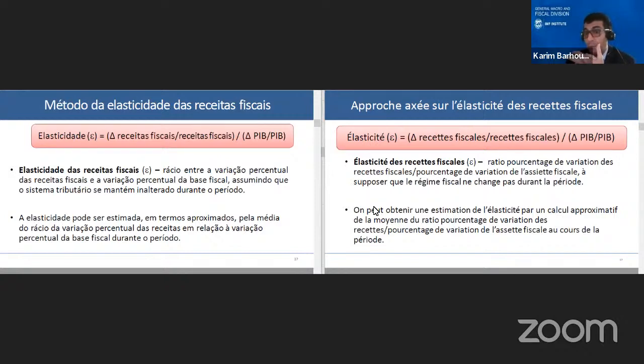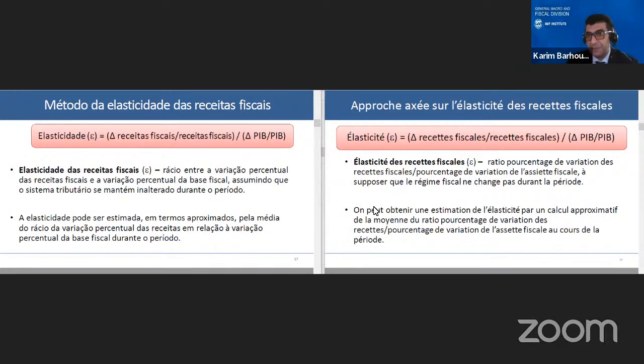For example, if we know that revenue is growing one-to-one with the change of the tax base, the elasticity approach and the effective tax rate give us the same result. Otherwise, if this is not one-to-one, it is better to use the elasticity as the best forecast and the best measure.